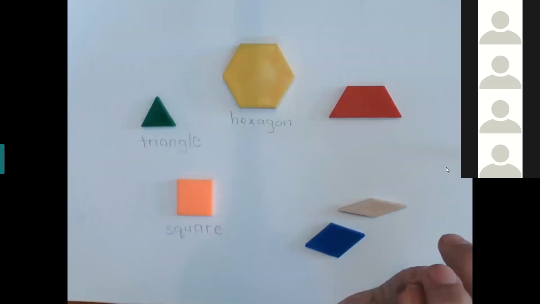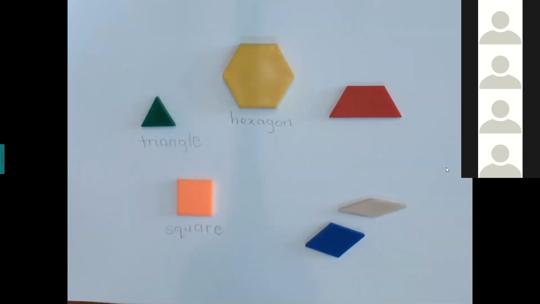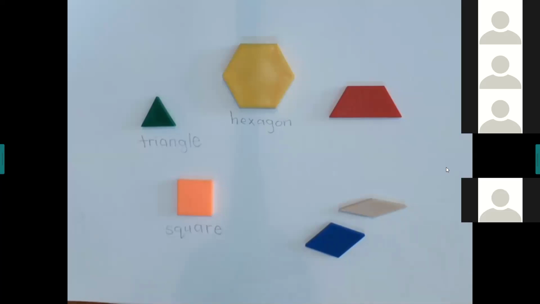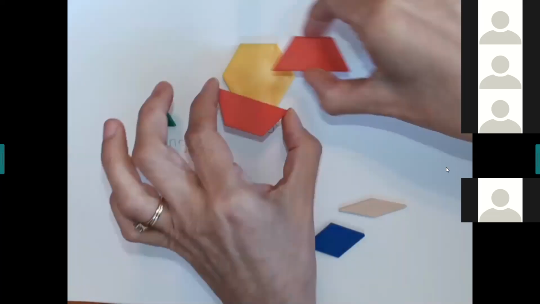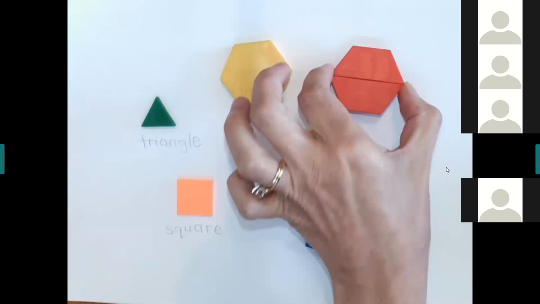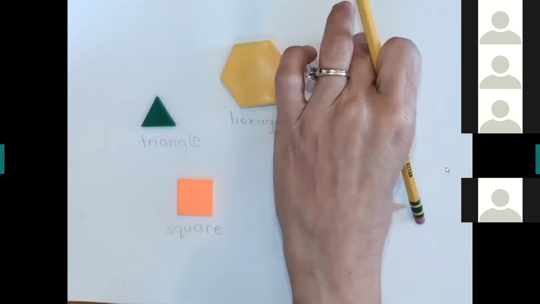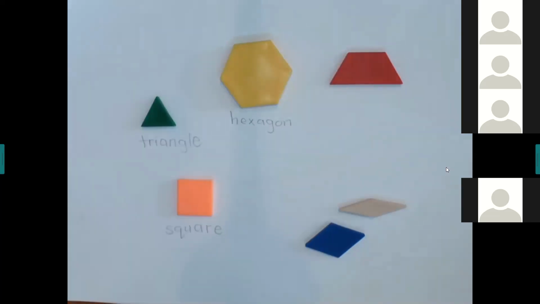Okay, Kaylin, do you know the name of the red shape? I think it might be a hexagon. You know what? Here's the funny thing about the red shape. So the yellow shape is a hexagon, but if I take two reds and put them together, I can actually make a hexagon. The red one by itself is not a hexagon. Okay, hold on.